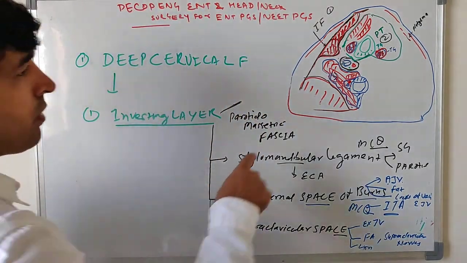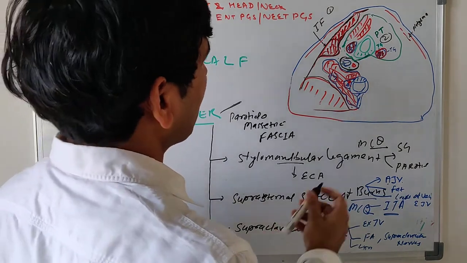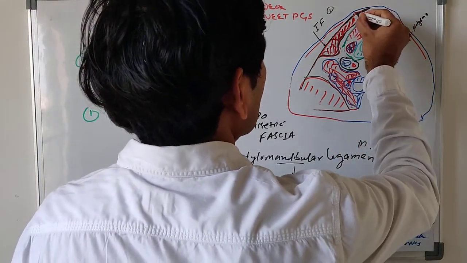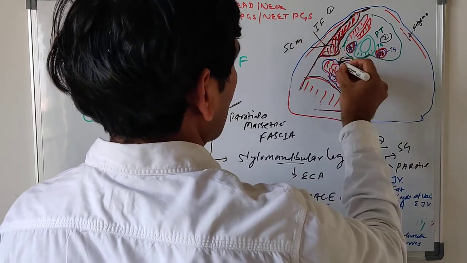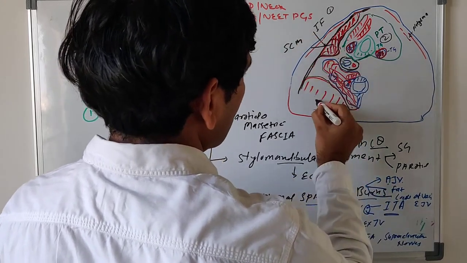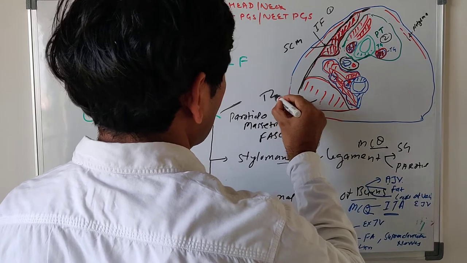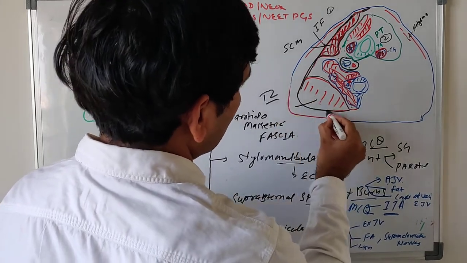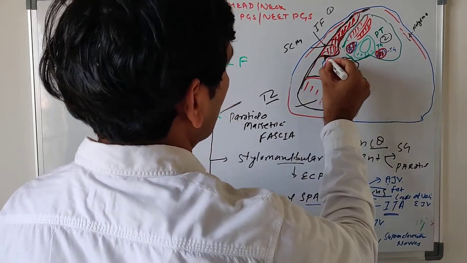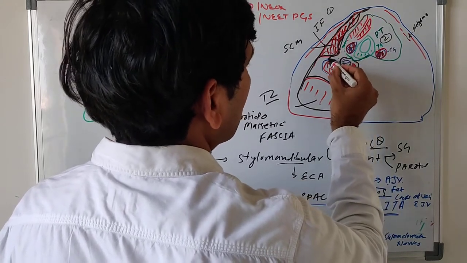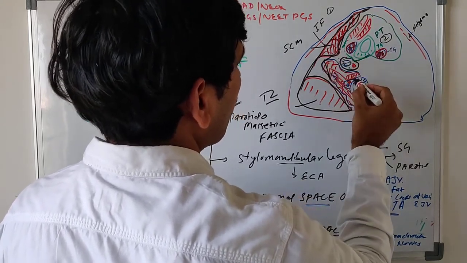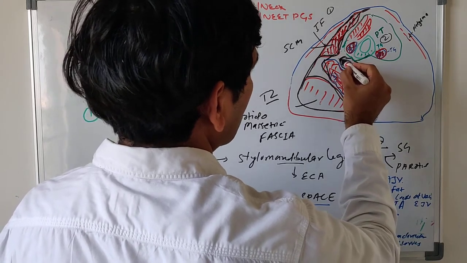Now, this investing layer, if you see this black line, covers the sternocleidomastoid muscle, and also covers the trapezius muscle, encircling the neck. Its anterolateral wall forms the carotid sheath.